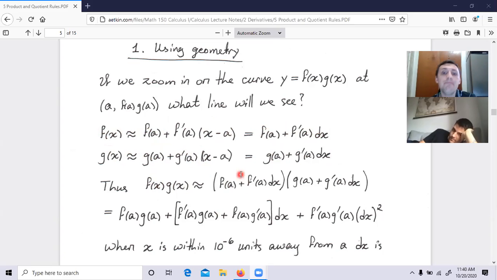It's this thing times this thing, right? So if I then group based on dx, I have no dx, it's f times g, just foiling. Then there will be one case of dx: f prime times g plus f times g prime, and then I factor the dx, plus f prime times g prime times dx squared.